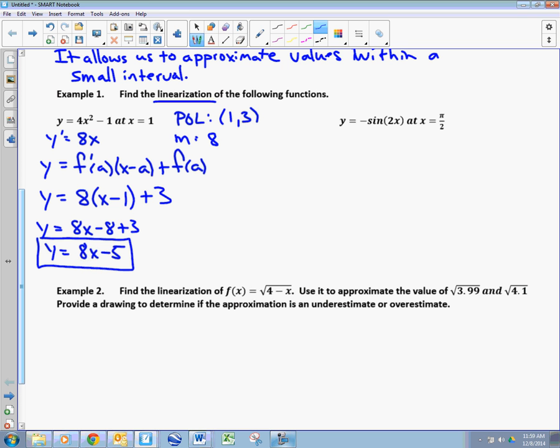Now, would this line approximate the parabola everywhere? No. If you think of this parabola, shifted down 1 unit, it looks something like that. And this line looks something like that. You can see that in this very small region right here, it probably does a very good job of approximating it.